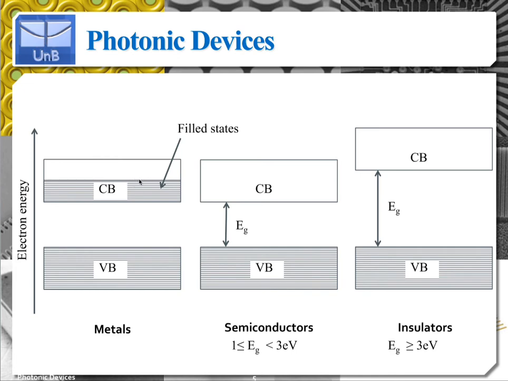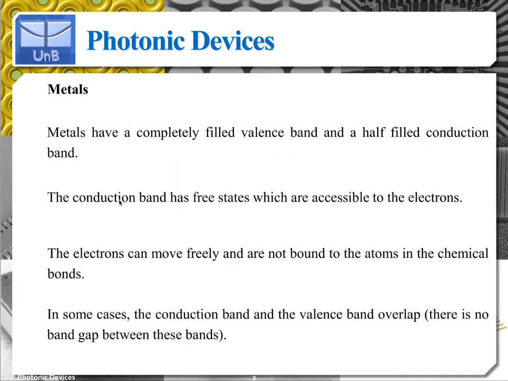So this is an important notion here. It does not have to overcome the band gap. It can move to the next available state with much less energy, much more easily. So the conduction band has free states which are readily accessible to the electrons. The electrons can move freely and are not bound to the atoms in the chemical bonds.